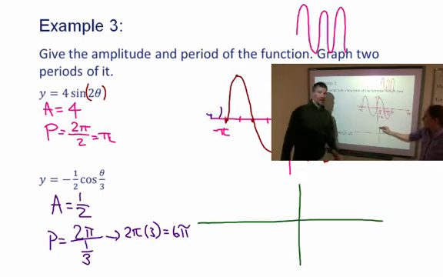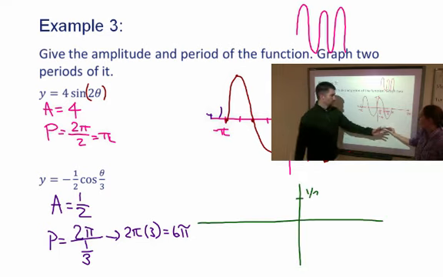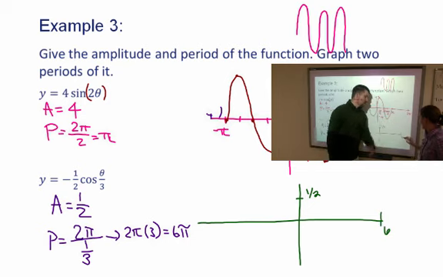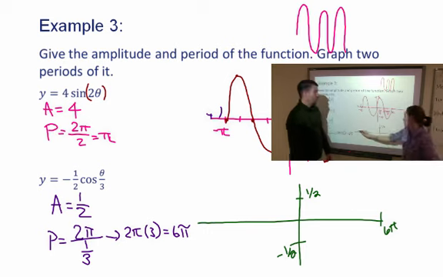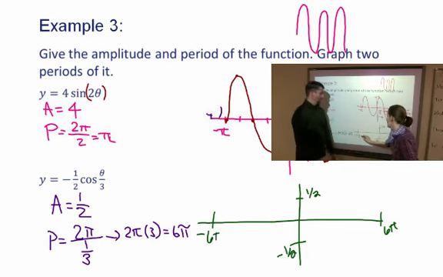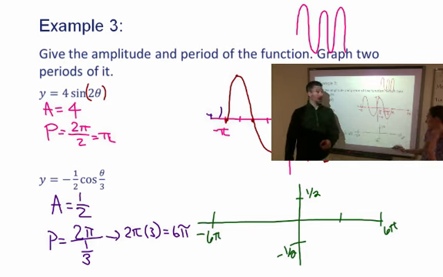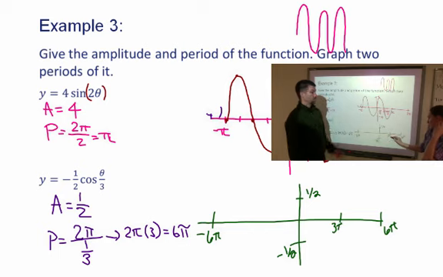Okay. So now instead of stopping at 2 pi, we're going all the way out to 6 pi, and up and down only to 1/2. So now half of 6 pi, half of 6 is 3, so half of 6 pi is 3 pi.